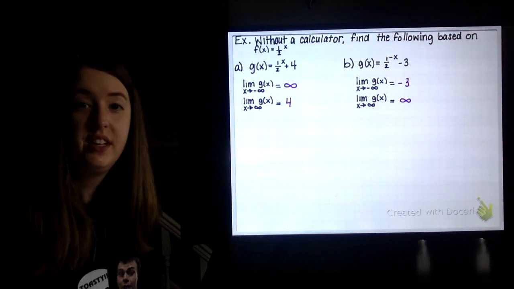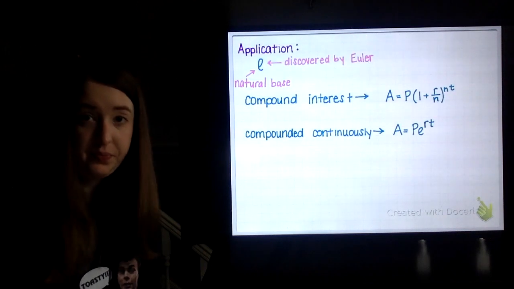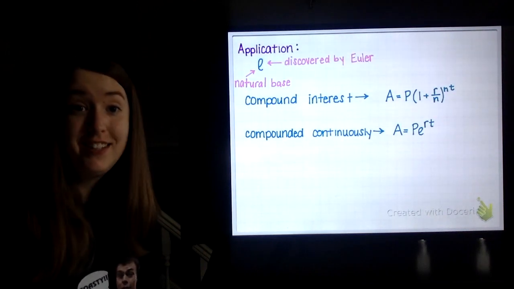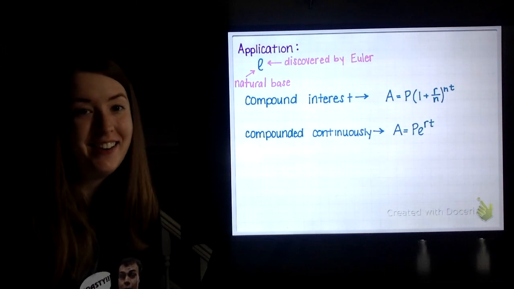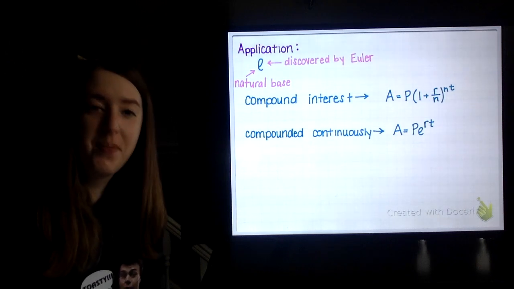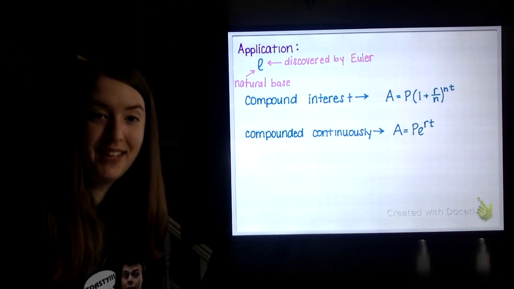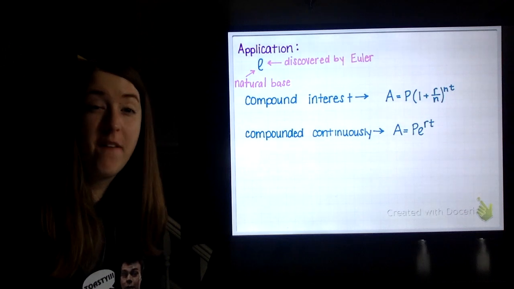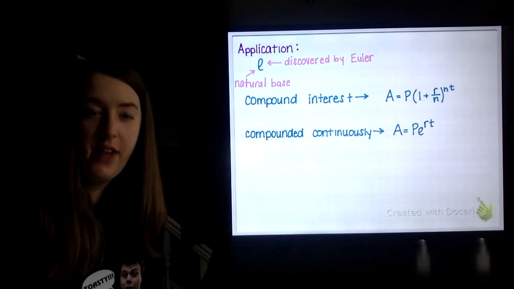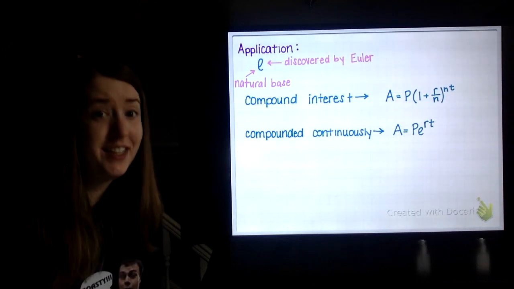Okay, here we go. Applications of exponential functions, who cares, right? First of all, something you need to know about is e. e is called the natural base. It was discovered by Leonhard Euler. There are about 4 different ways to find the value of e, and it's really interesting.